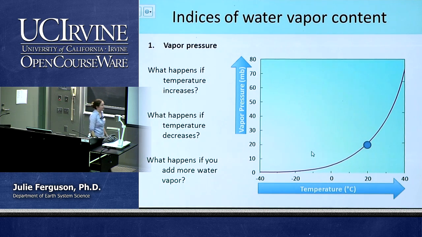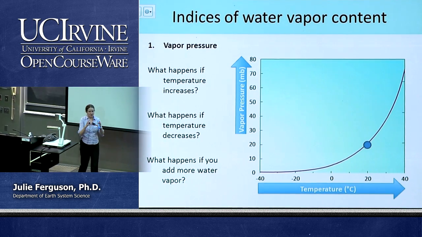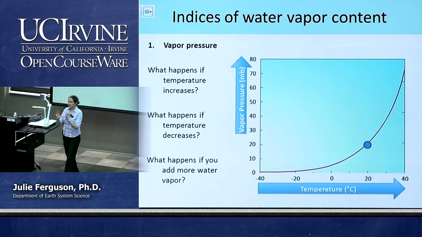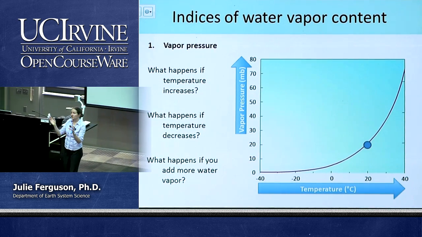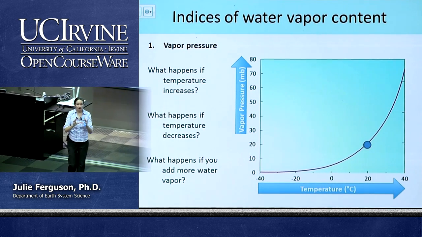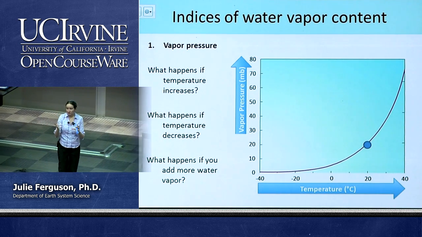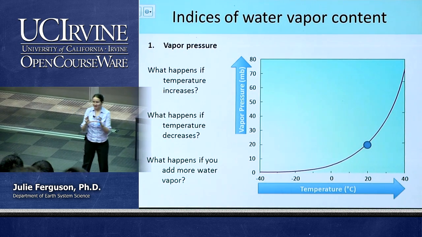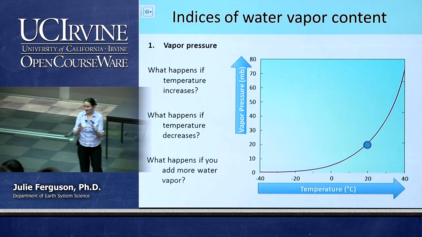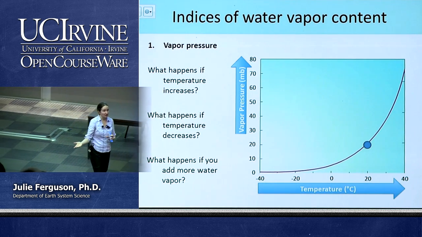So what happens if temperature increases? What happens then if I change the temperature of my little sealed container and I make it, I don't know, 30 degrees Celsius? What's going to happen? The pressure will increase. And why is that pressure increasing? Because there's more evaporation going on.